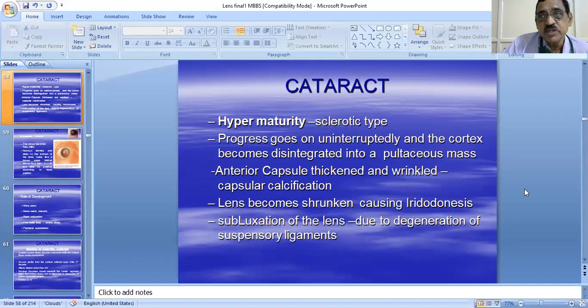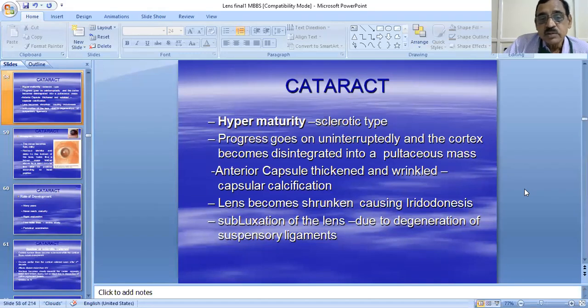There will be a myopic shift in case of nuclear cataract, and hypermetropic shift in case of cortical cataract. Okay. And the hypermature cortical cataract will be either grayish white or milky white or pearly white. In case of nuclear cataract, it will be either yellow, brown, black, or red.